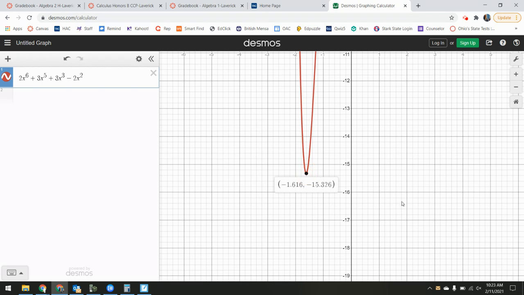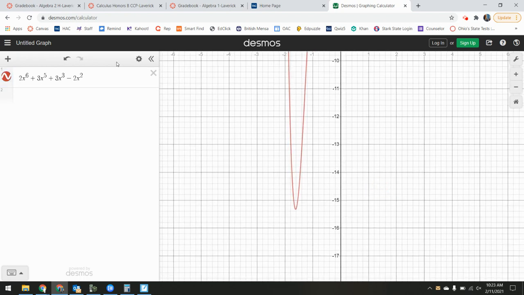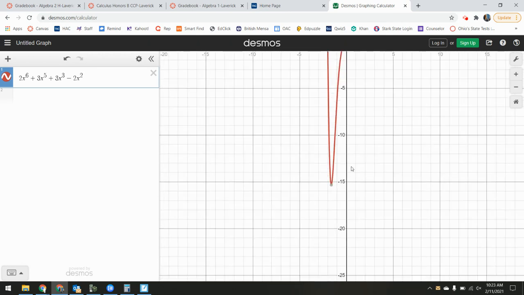But look, that is literally how easy it is with Desmos. So the minimum value is negative 1.616 at negative 1.616, negative 15.326. Okay. Oops, can we stay there, please? Stay there. I'm going to click on that. Okay, maybe it's not going to stay.